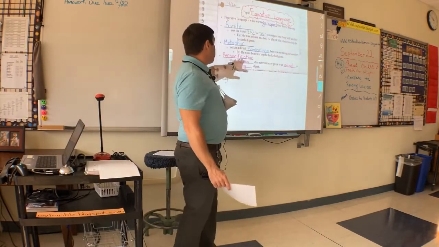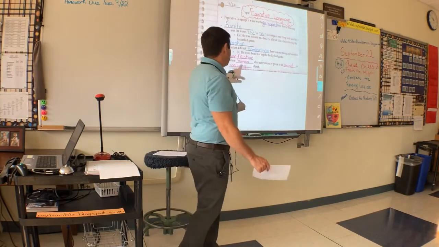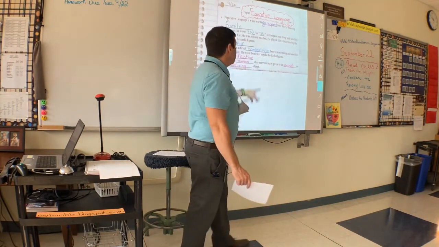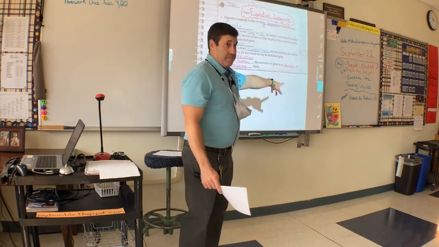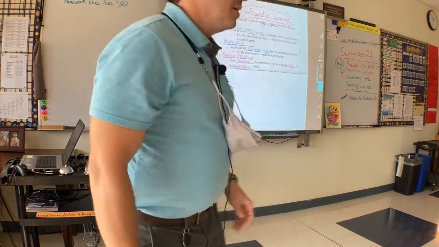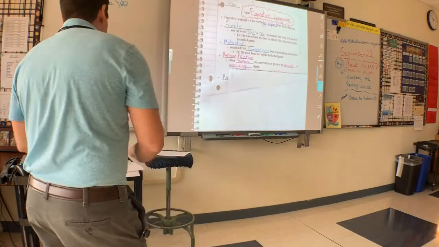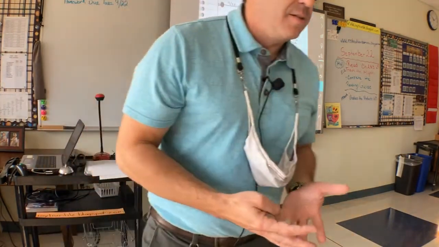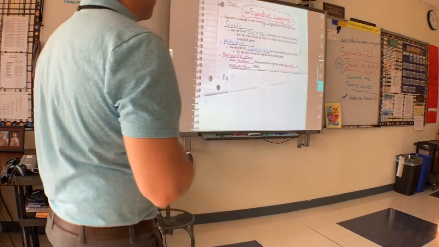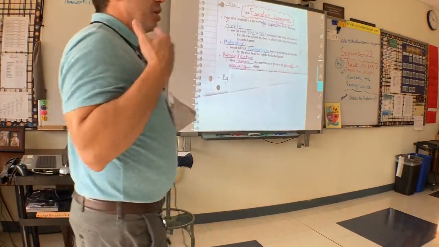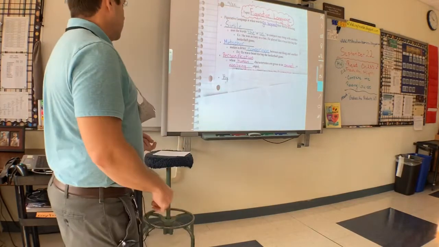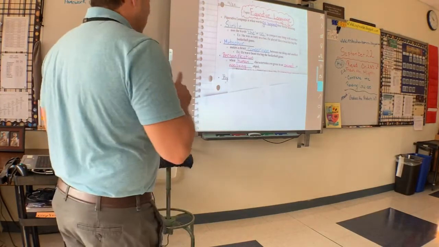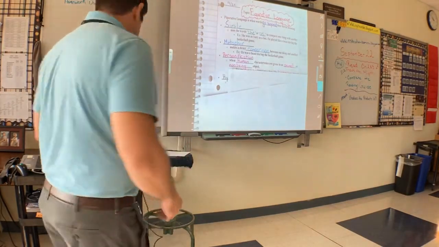Human characteristics are given to an animal or a non-living object. Again, the clue is person. So personification is when we give human characteristics to an animal who can't do human things or a non-living object.